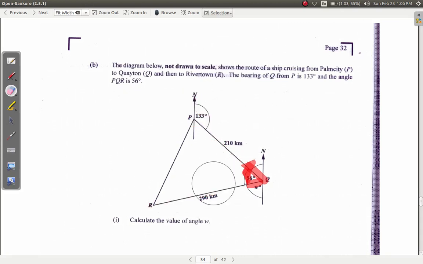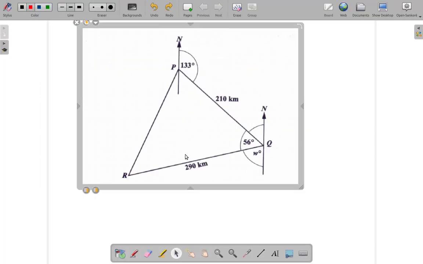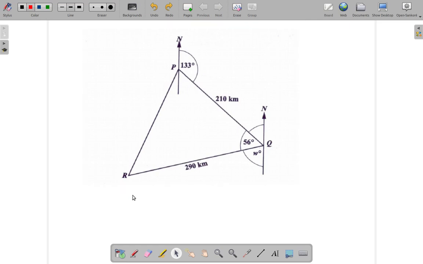What they want us to do is to calculate the value of the angle W. Let me make a note of that here. I want angle W, this angle W.